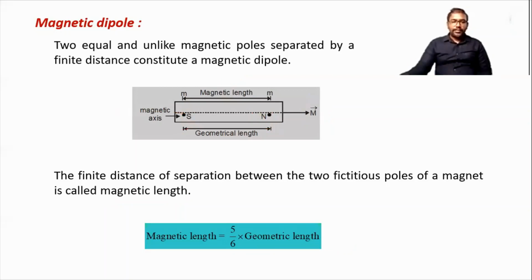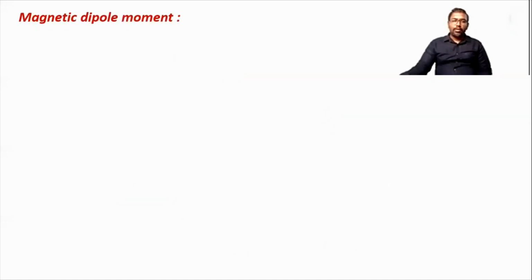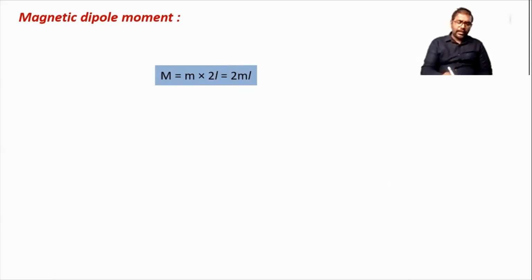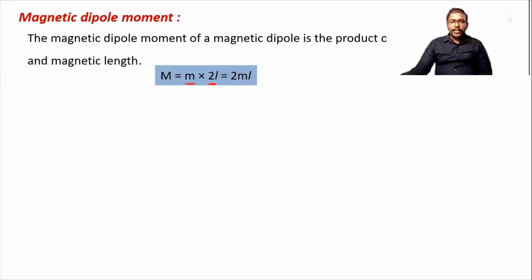Then after that, magnetic dipole moment. We represent the magnetic dipole moment by capital M. You can see the formula: M equals m into 2l. Small m is the pole strength, 2l is the magnetic length. The multiplication of these two is called the magnetic dipole moment.